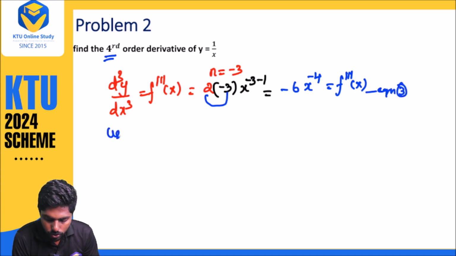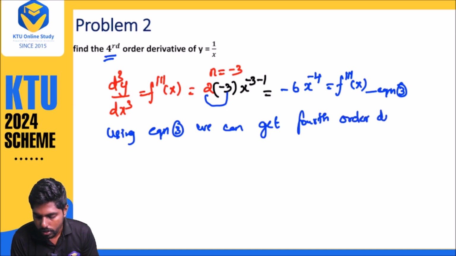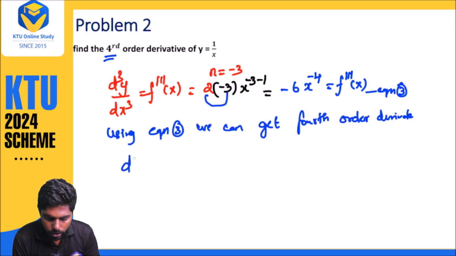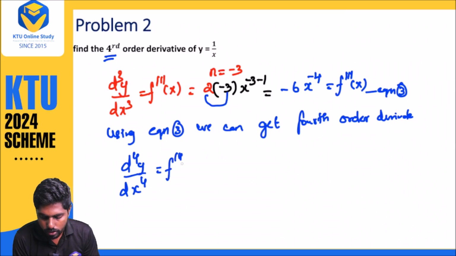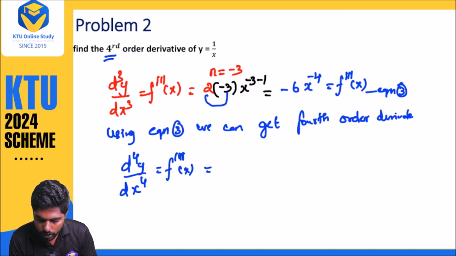Using equation number 3, we can get the fourth order derivative, that is d4y by dx4, that is f 4 dash of x. So f 4 dash is equal to, n is now minus 4.